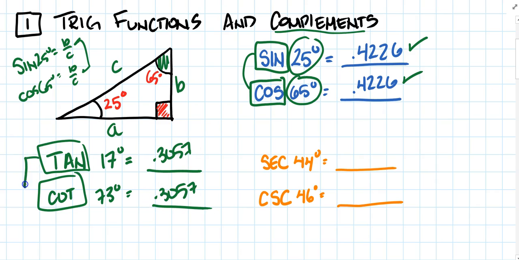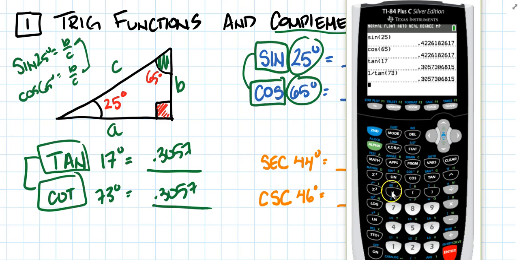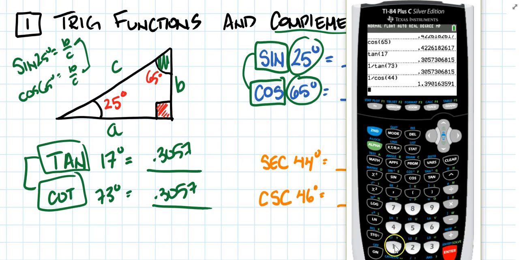So we have now learned that tangent and cotangent are co-functions, sine and cosine are co-functions, and secant and cosecant are also co-functions. So remember, to do secant, you would do 1 divided by the cosine of 44 degrees, push enter. And then to do cosecant, you would do 1 divided by the sine of 46 degrees, and push enter.